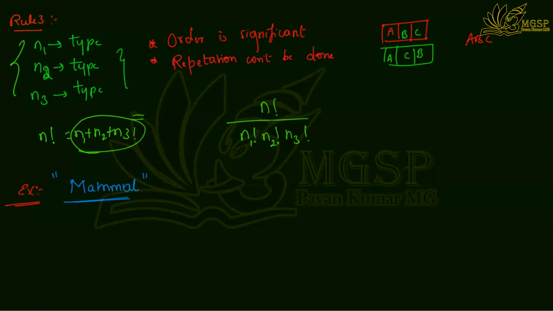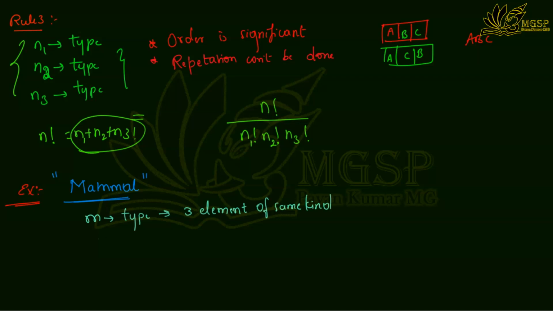Before solving this kind of problem you can note down that there is the term M three times. So M is the first type which has three elements of the same kind.